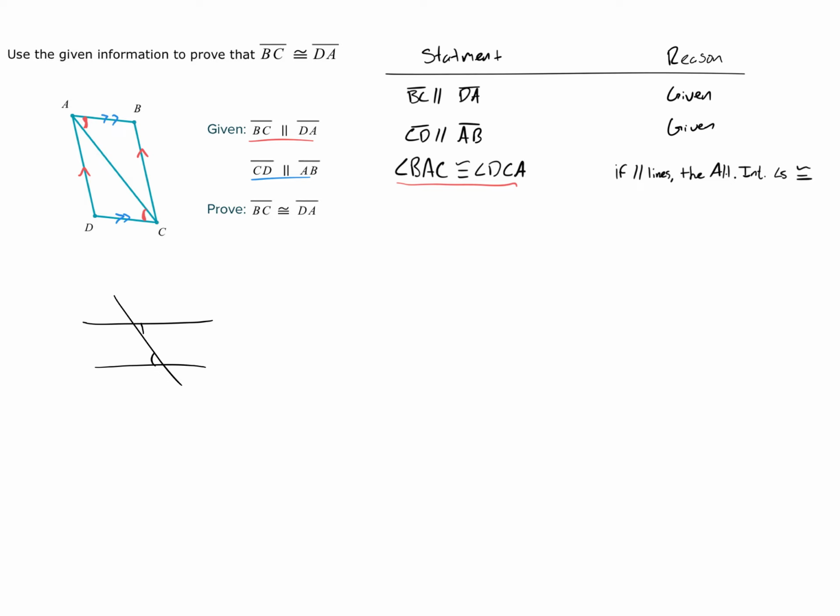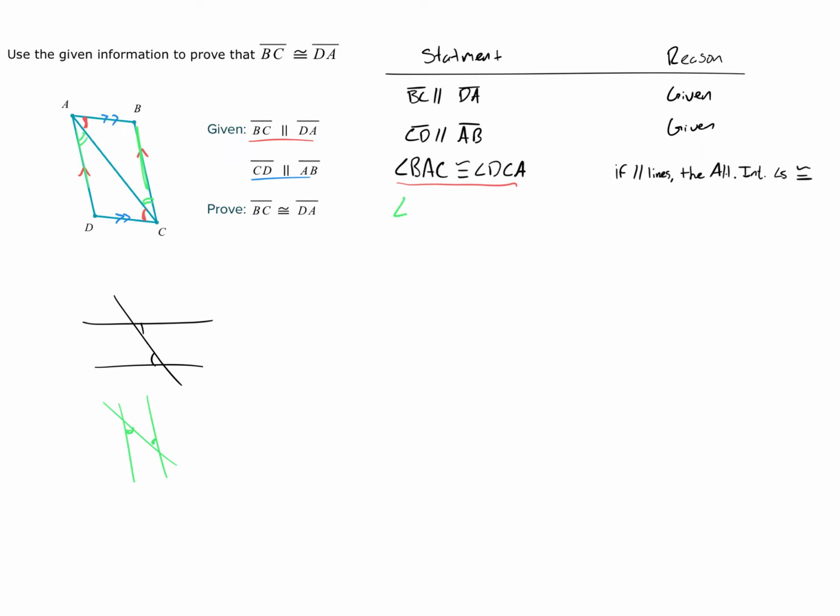Now I can do something similar for the other lines, right? Because this one and this one, so if I have parallel lines and they're cut by a transversal, I know this one is the same as this one. So this one should be the same as this one.